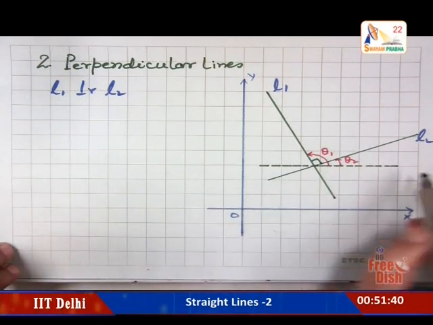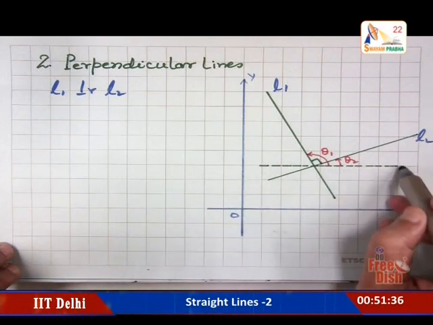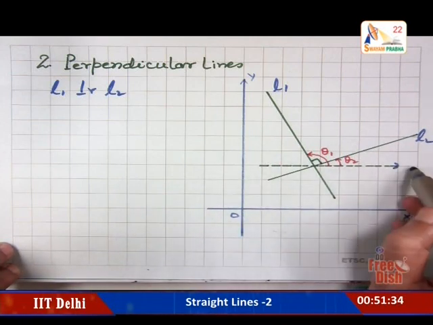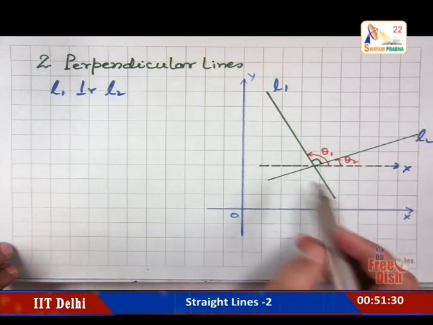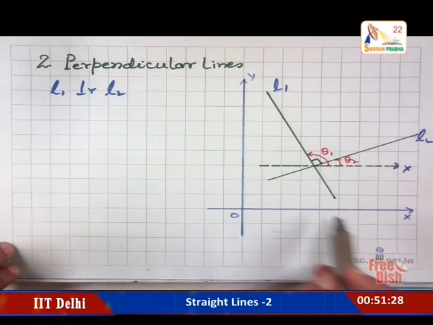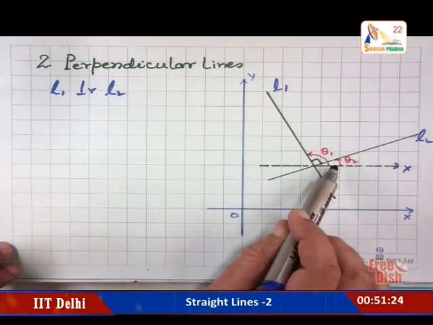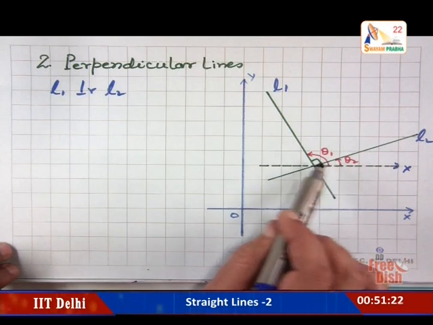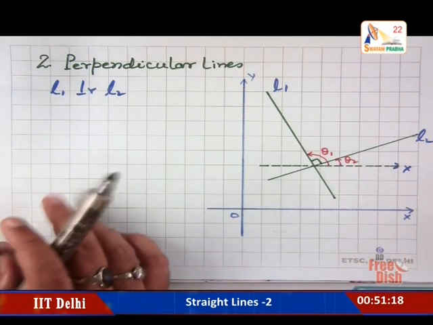And we draw a line, this dotted line, which is parallel to x-axis. So say this line L1 makes angle theta 1 with x-axis, and this line L2 makes theta 2 with x-axis.